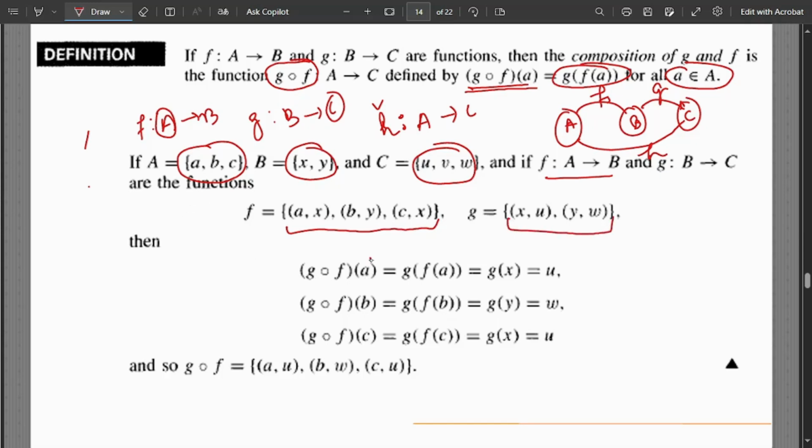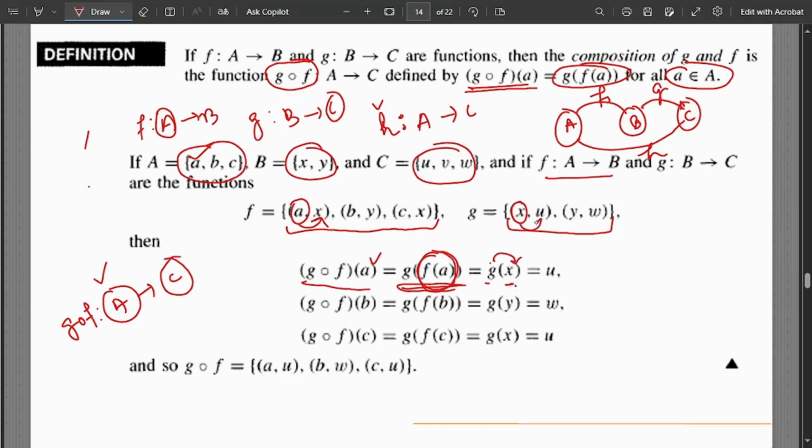Then g of f of a, because this composition is from A to C, takes all elements of A and finds their images in C. So we take an element a. f of a has image x, so f of a will be x. Then g of x will be v, since the image of x is v.